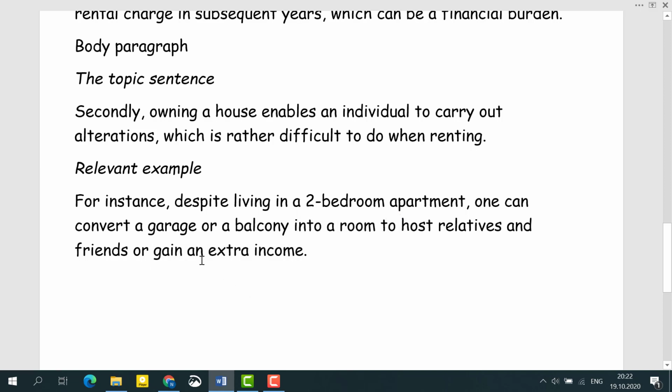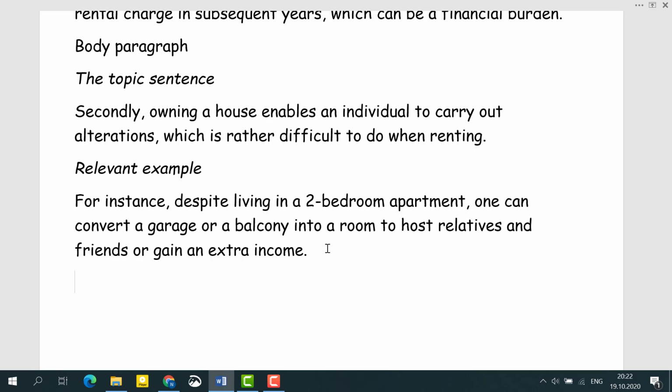So you can earn money by giving the opportunity to somebody to rent this room. Okay, so I have explained. Before I said that owning a house enables individuals to carry out alterations, and then I said to convert a garage or balcony into a room. I'm talking about the same thing.